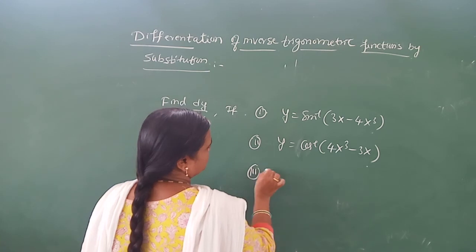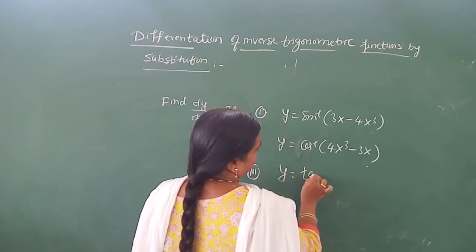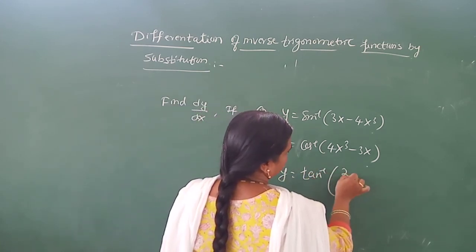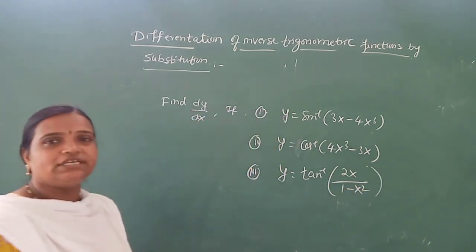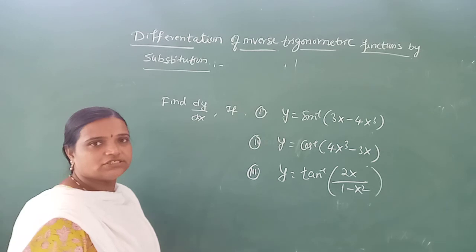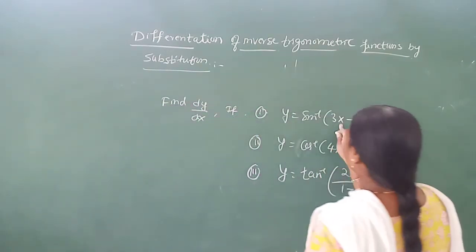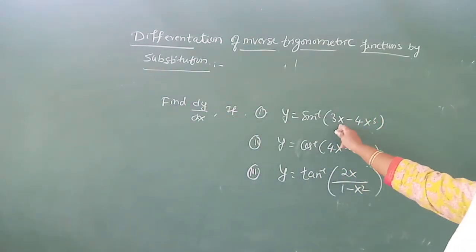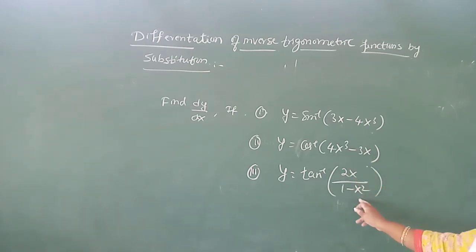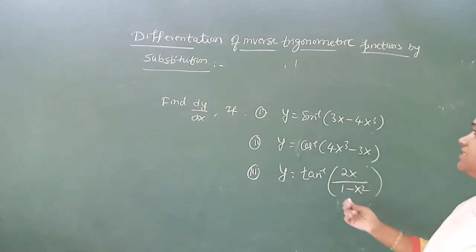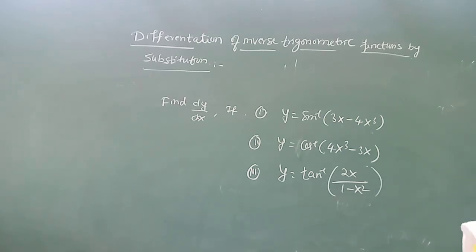Third example, y equal to tan inverse of 2x by 1 minus x square. Please try to solve these 3 examples. I will give a hint. If you substitute x is sin theta here, you will get the answer. Here x is cos theta, here x is tan theta. Simple examples. Try to solve.